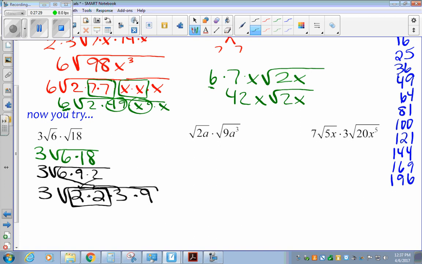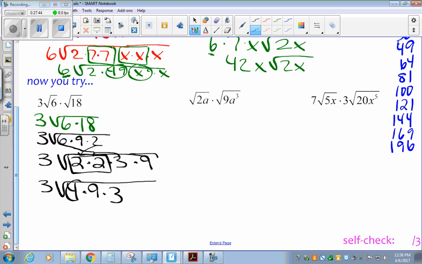I'm going to leave 9 out. So we got 4, we got 9, and we got 3. Square root of 4 is 2. The 3 stays out front. Square root of 9, 3. And then the little 3 doesn't have a perfect square. 3 times 2 is 6. 6 times 3 is 18.